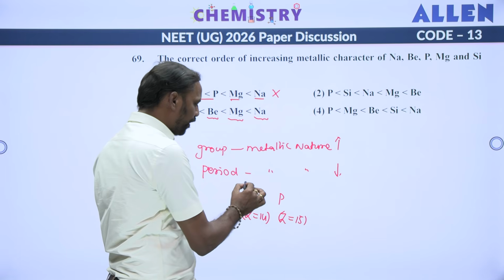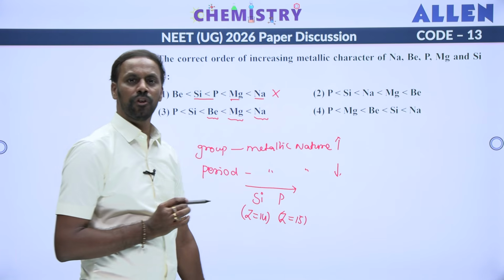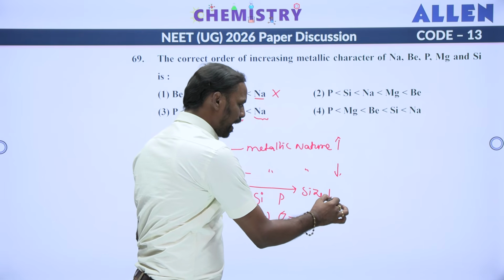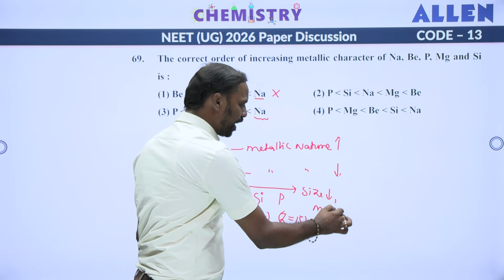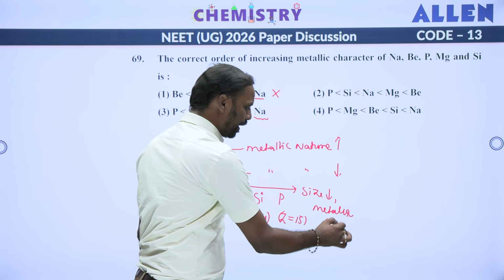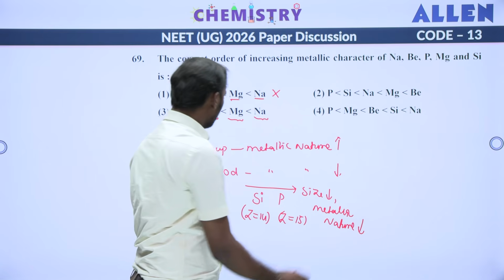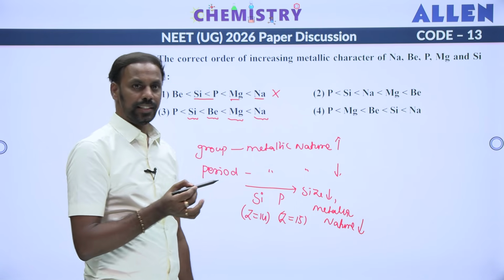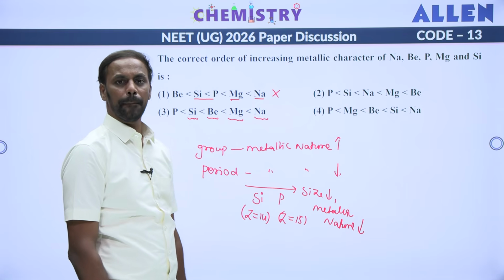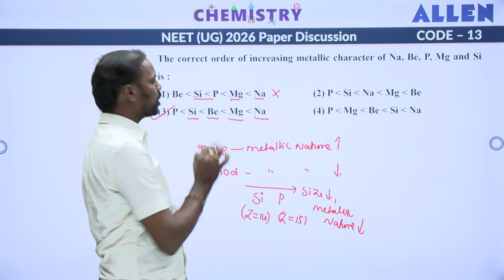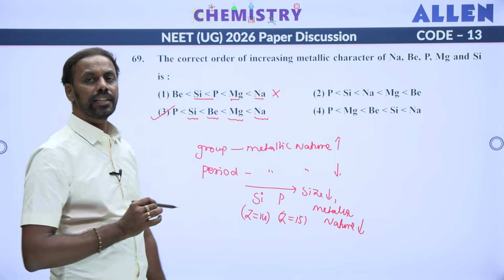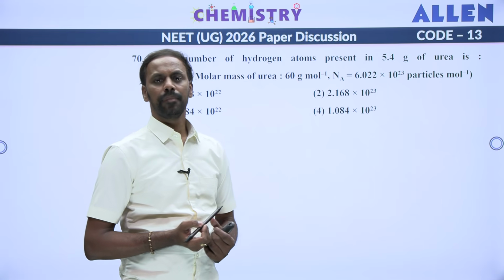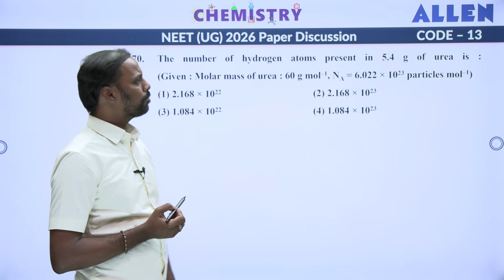From left to right in a period, size decreases, and as size decreases, metallic nature also decreases. So silicon will have greater size as well as greater metallic nature compared to phosphorus. That is why option 3 is correct for question number 69. Clear?